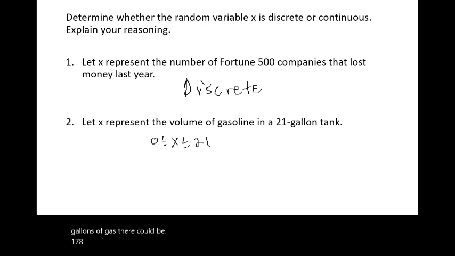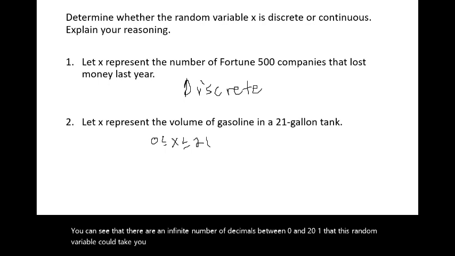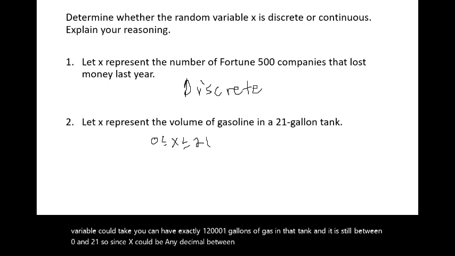17.887. So you can see that there are an infinite number of decimals between 0 and 21 that this random variable could take. You can have exactly 12.0001 gallons of gas in that tank, and it is still between 0 and 21. So since x could be any decimal between 0 and 21, you can't count them all.